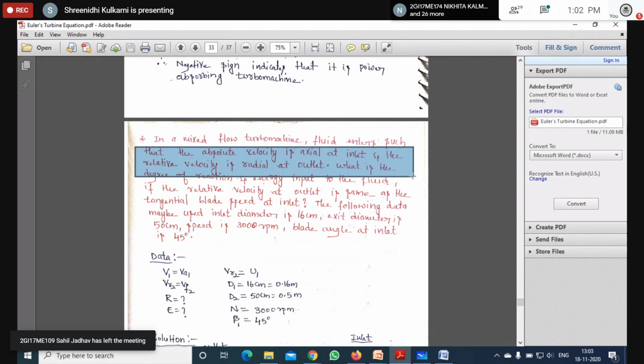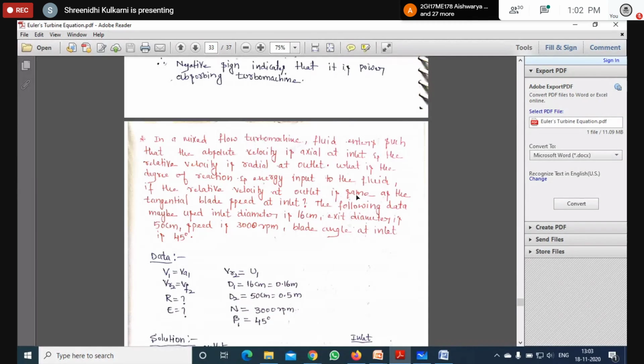What is the degree of reaction and energy input to the fluid, if the relative velocity at outlet is the same as the tangential blade speed at inlet?